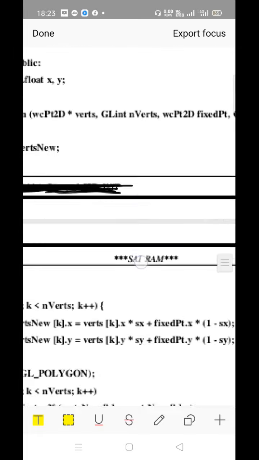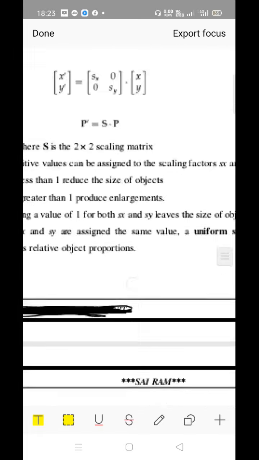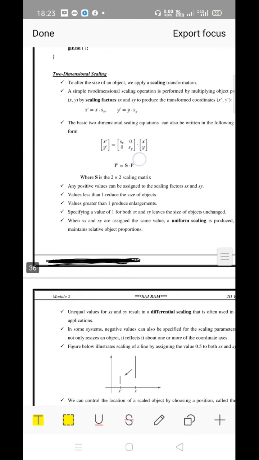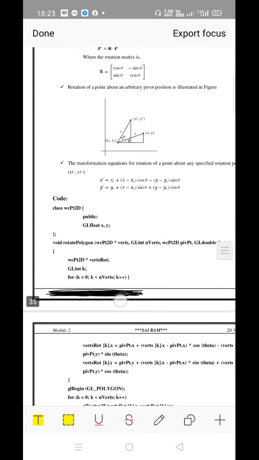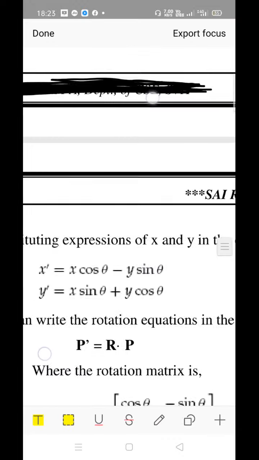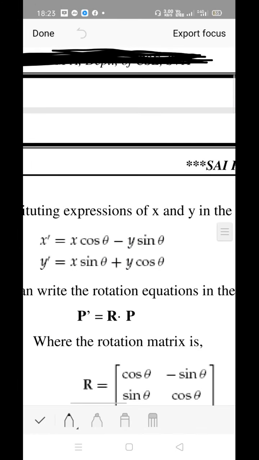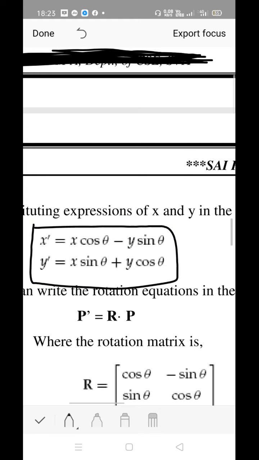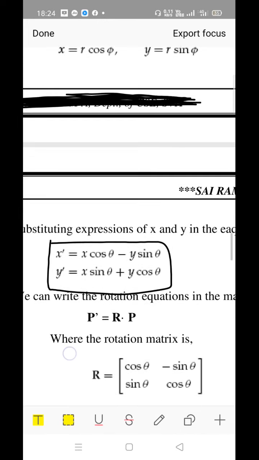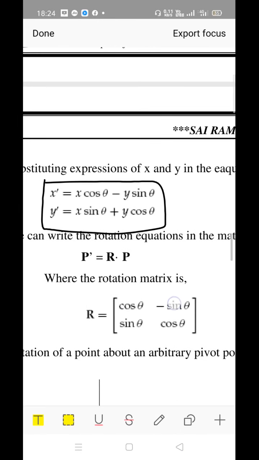You can quickly refer to the two dimensional rotation we have considered in the previous video. Check the equations, here it is x dash and y dash I am highlighting. x dash equal to x cos theta minus y sin theta, y dash equal to x sin theta plus y cos theta, isn't it? And the rotation matrix we have written, you can refer to it here. Here we have R equal to coefficient of x, coefficient of y, coefficient of x and coefficient of y.